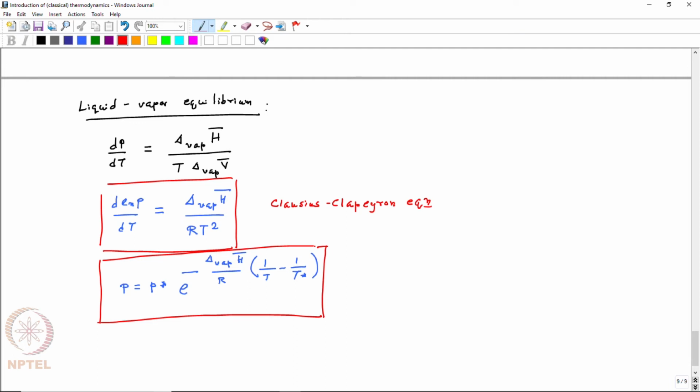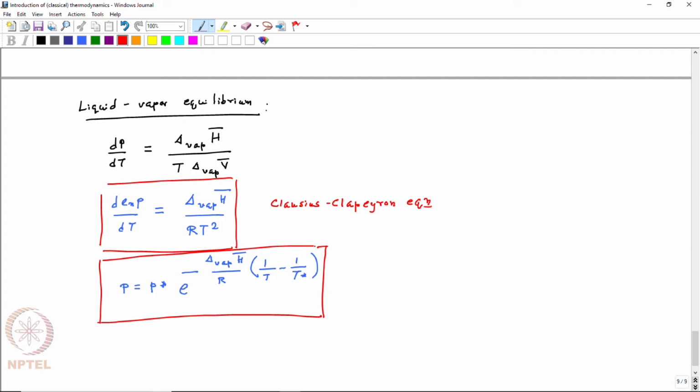And then the next thing we do is, depending on the nature of the phase transition, we also talk a little bit about the classification of phase transitions, known as the Ehrenfest classification. We talk about first order phase transitions, second order phase transitions, and also some other phase transitions which you cannot categorize as first or second order.